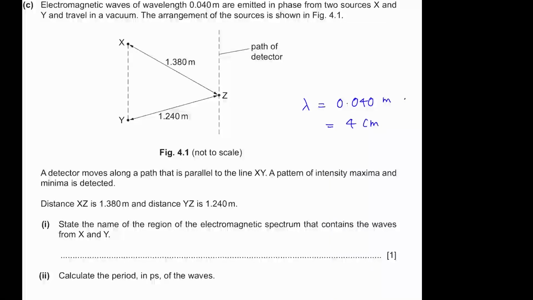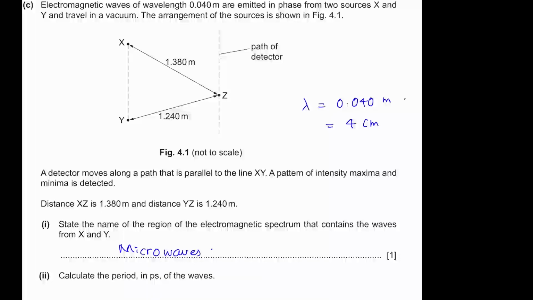What is the range you know for radio? 10 to the power minus 1 means 0.1, that is 10 centimeters and above. So it should be microwaves.